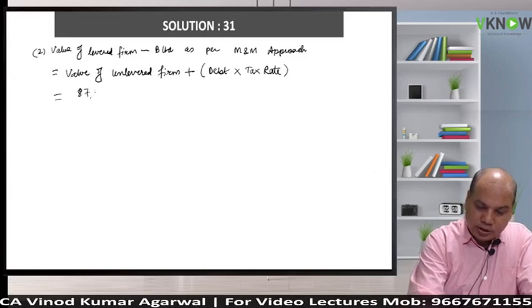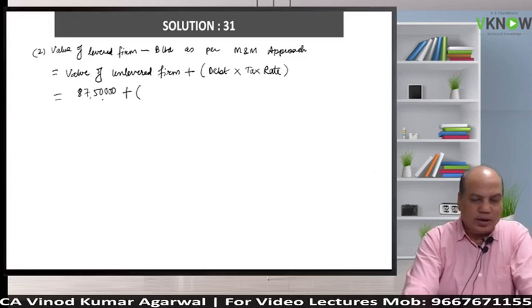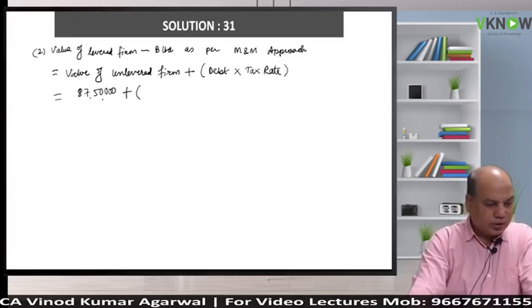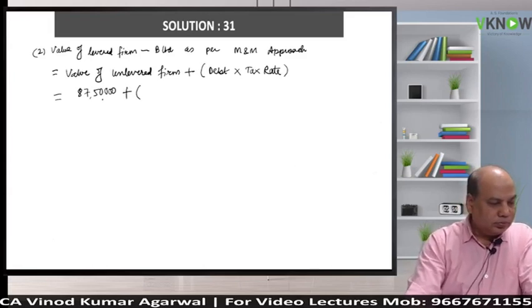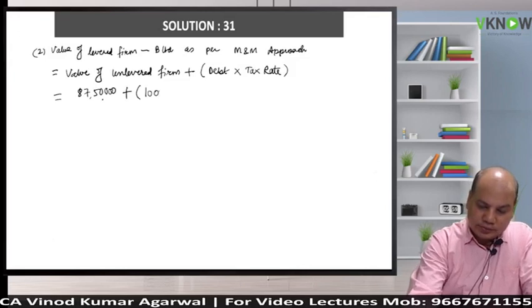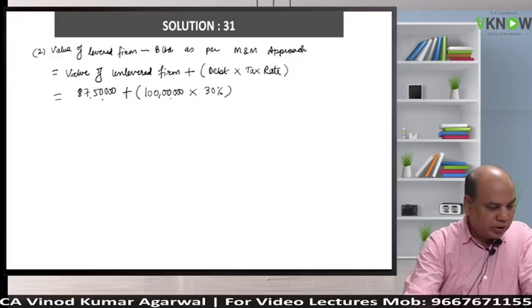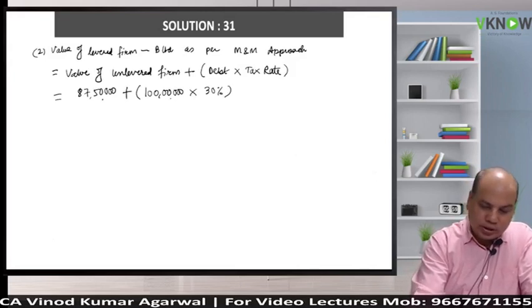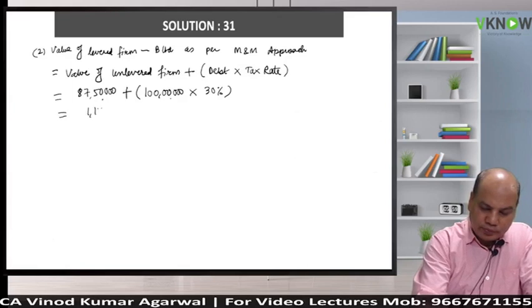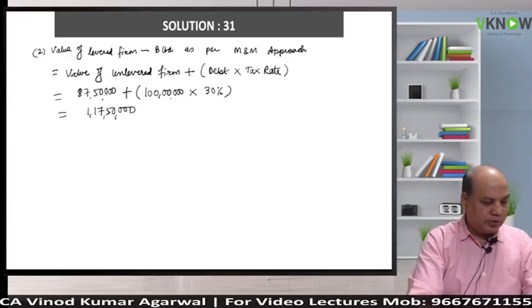That is 87 lakh 50,000 plus how much is the debt in case of this firm? You can see 100 lakh there. And how much is the tax rate? 30%. So that comes to 1 crore 17 lakh 50,000.